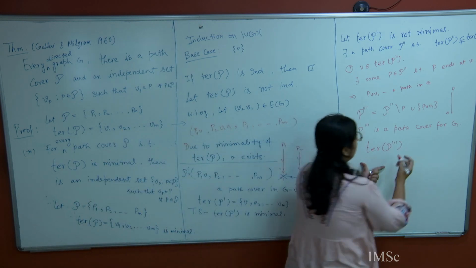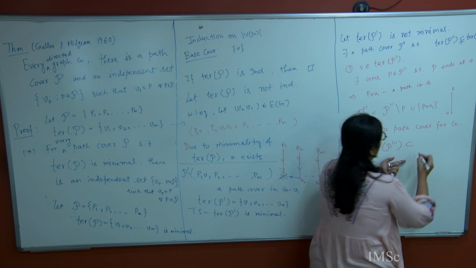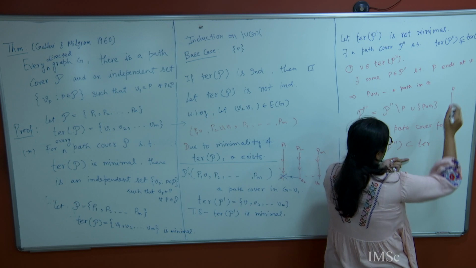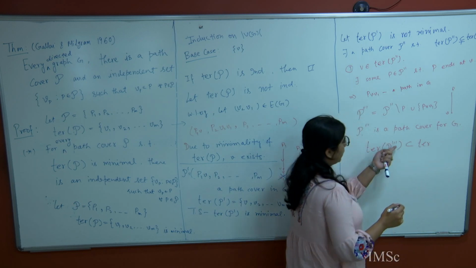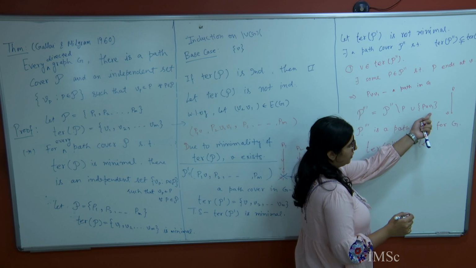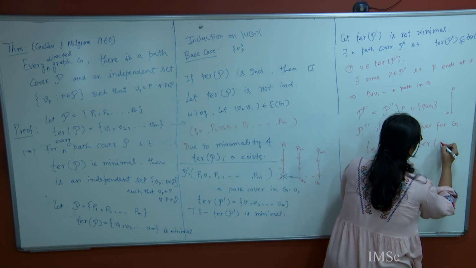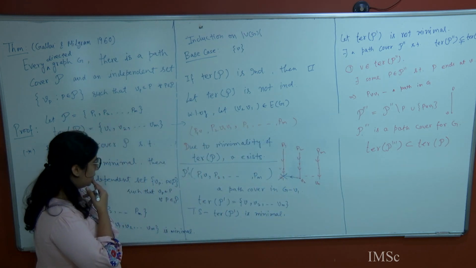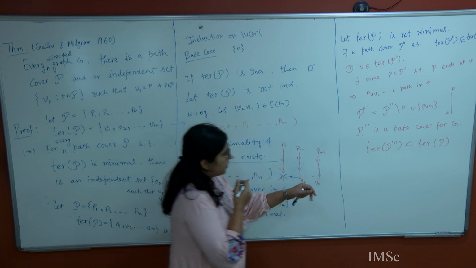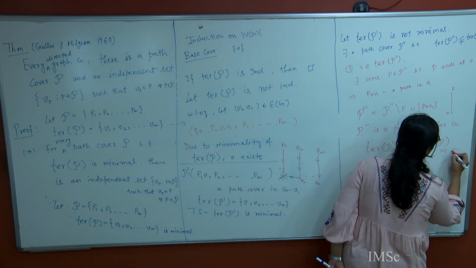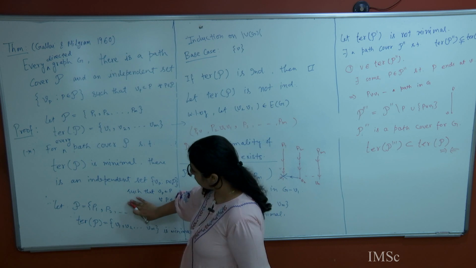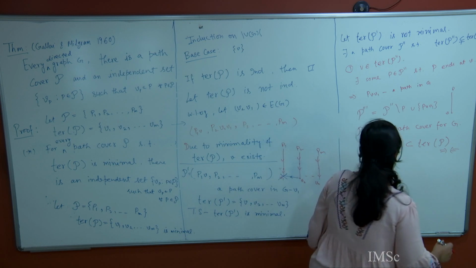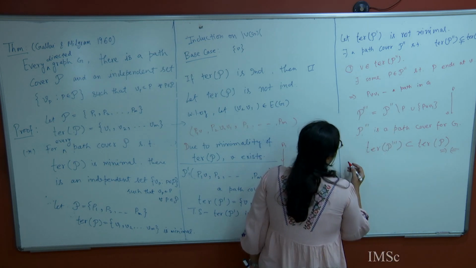It is a subset of the terminal set of P, because this was a proper subset of the terminal set of P prime, but now in P triple prime V1 is also there, so we can compare it with this. Is it okay? But this is a contradiction, because we said that P is a path cover with minimal terminal set. So in this case we got the contradiction.